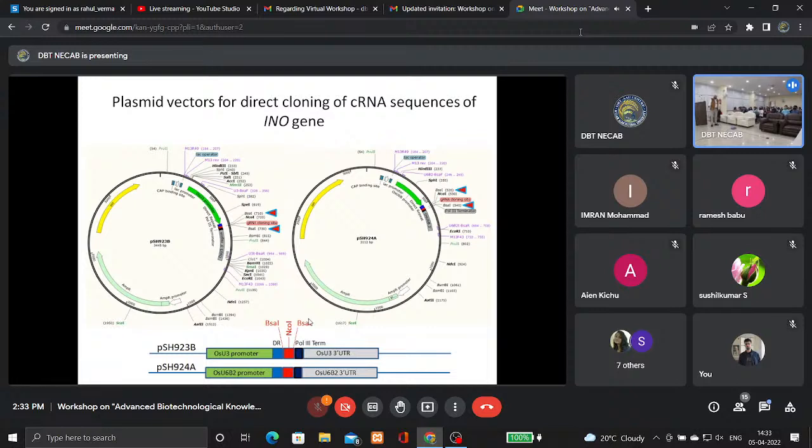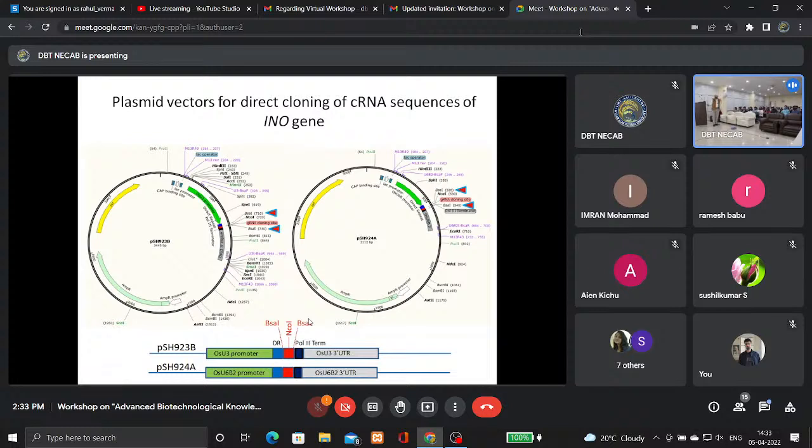We can clone the guide RNA here, and it is flanked by two BsaI restriction sites, and driven by the Oryza sativa U3 promoter.